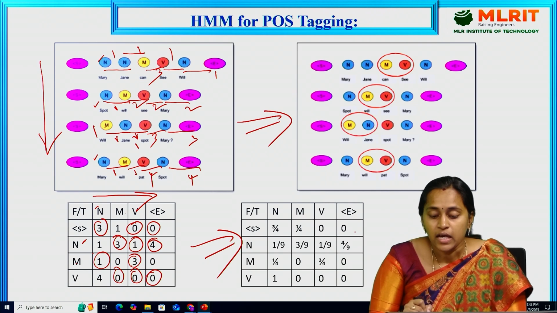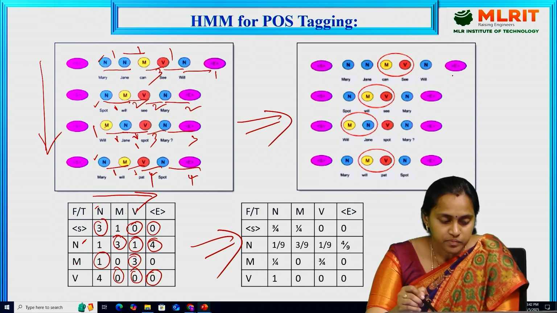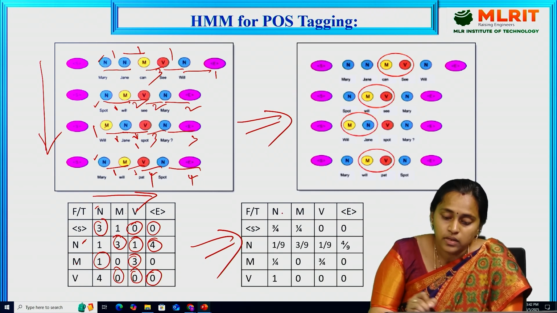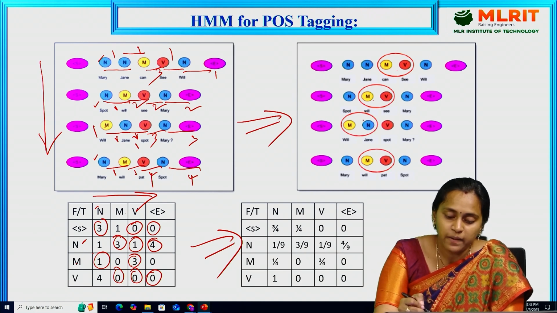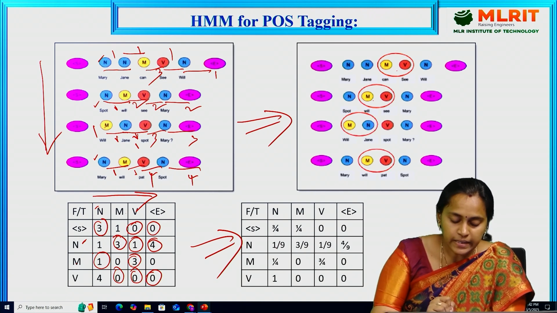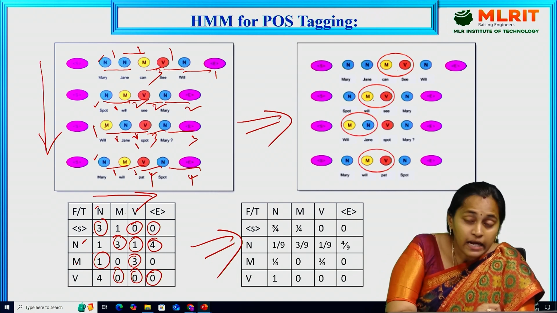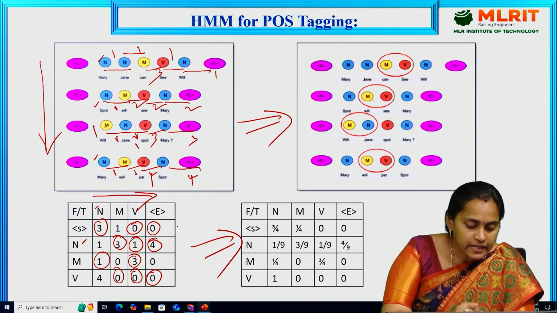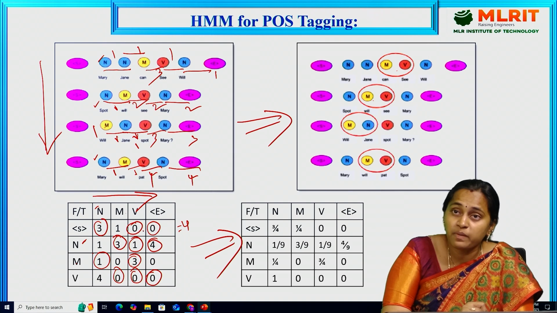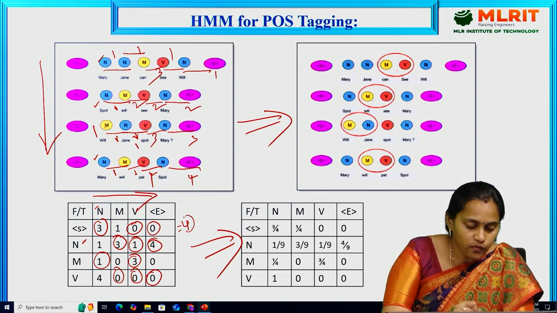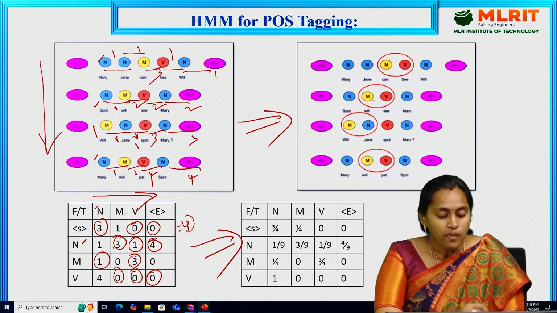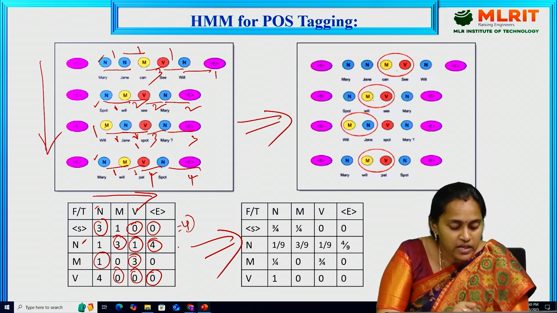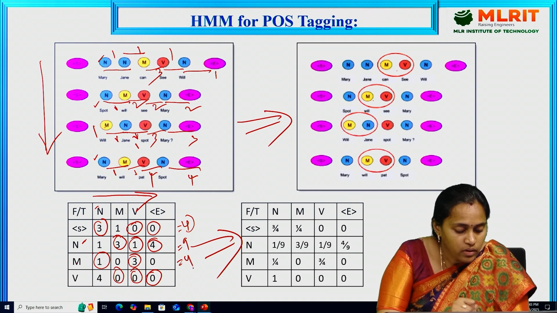Coming to this diagram, modal occurs 1 time, 2 times, 3 times, 4 times. Here we calculate the total count. For the sentence-start row: 3 plus 1 plus 0 plus 0, a total of 4. For the others: 1 plus 3 is 4, then 5, then 4, a total of 9 and 4.